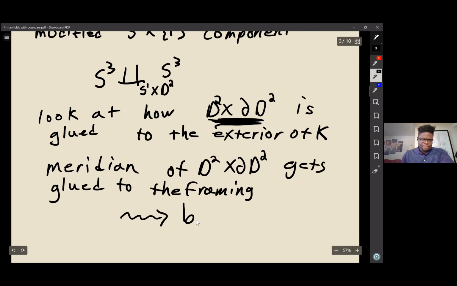By definition, this is just surgery. This is just Dehn surgery on the knot.